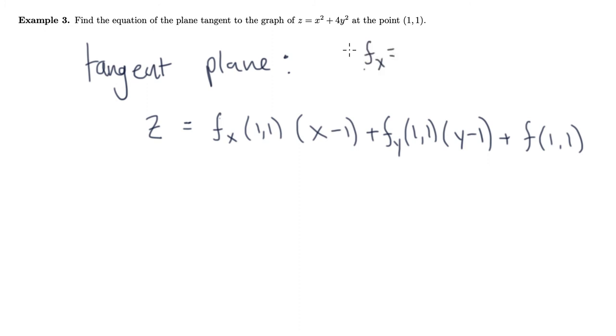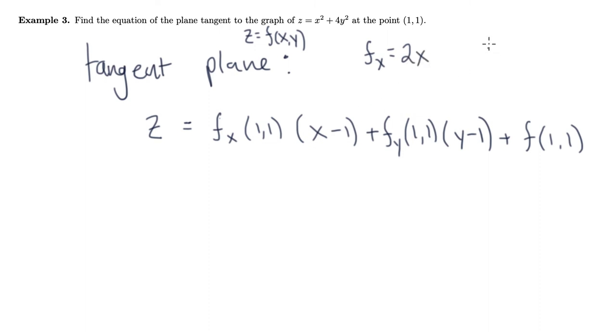So the partial of f, and again, I'm just saying z is this function of x, y. And so maybe there's a little ambiguity about this c with this function and this c with the tangent plane, but that's okay. So the partial with respect to x of this function is just 2x.